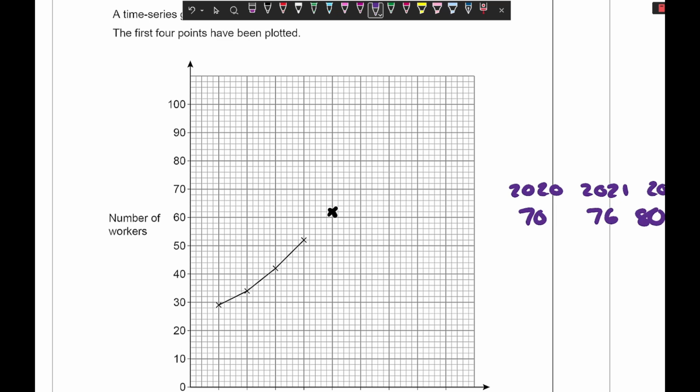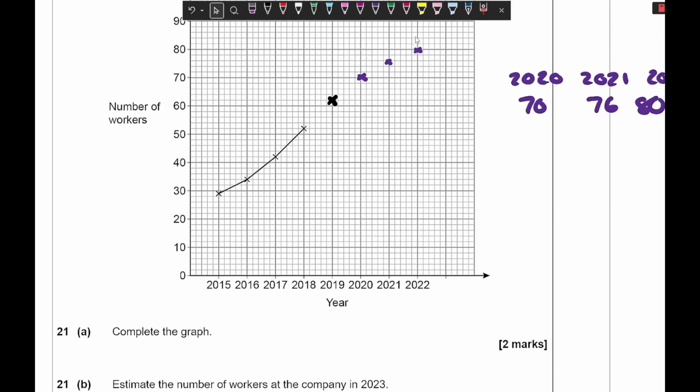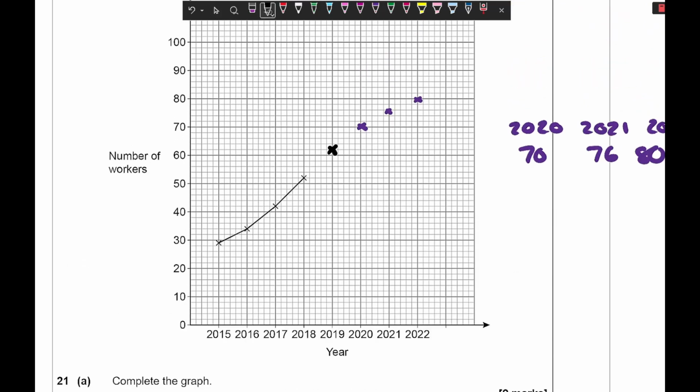So 2020 is at 70, which is going to be here. Then at 2021 it's 76, that's 3 squares up, and then 2022 it's at 80, which is there. Then we just need to join those points up with straight lines. So again, I'm just going to race ahead in terms of this, but we then just need to join those points up with straight lines.